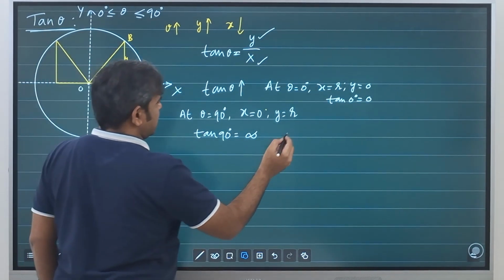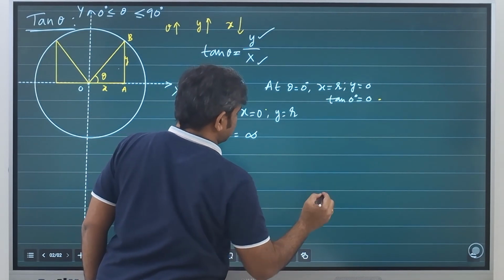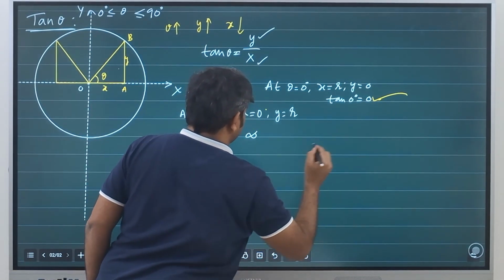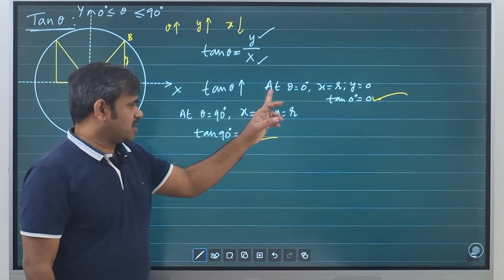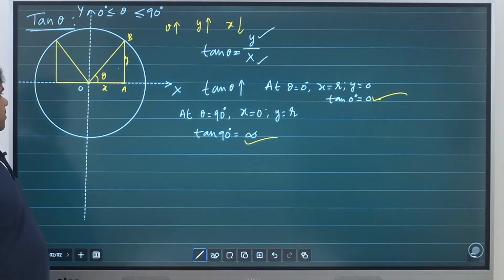In the first quadrant, tan theta is changing from 0 to infinity. As theta increases from 0 degrees to 90 degrees, tan theta increases from 0 to infinity.